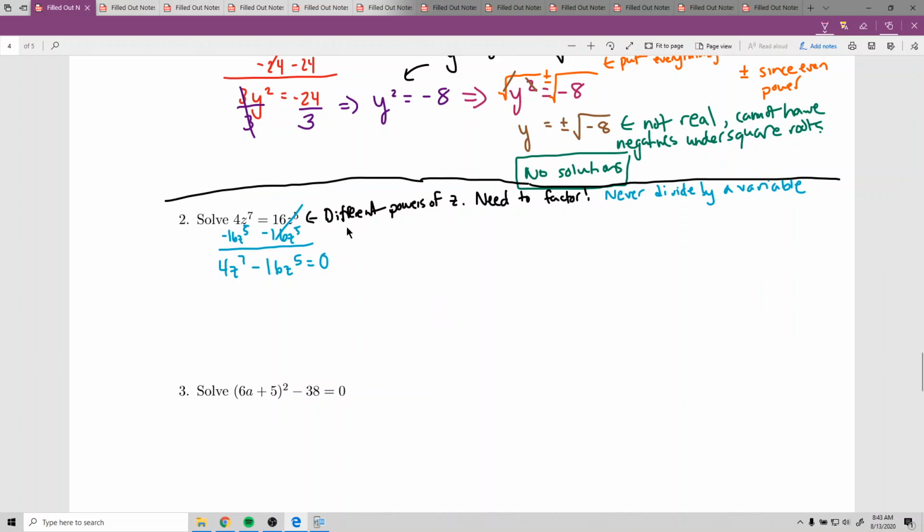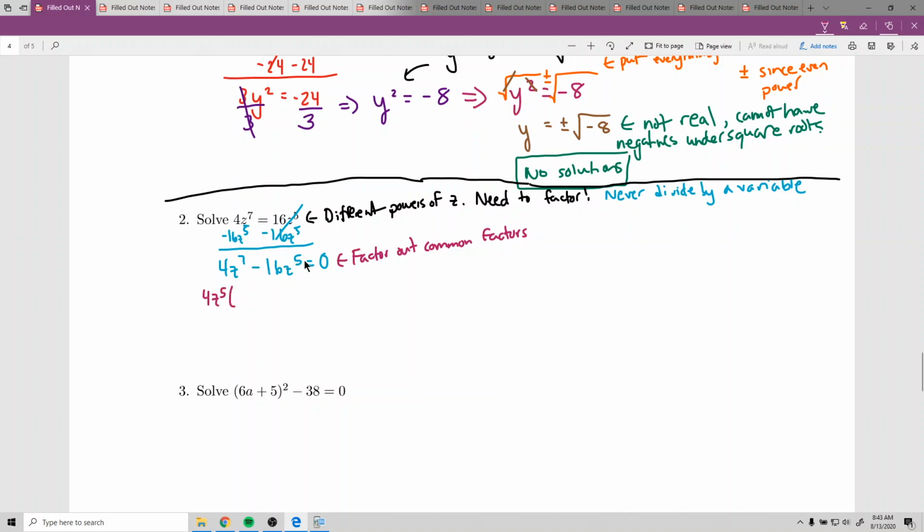Right, now at this stage, this isn't something that looks like you would want to factor in the normal way, but what you should always do is check for common factors and factor out common factors. Right, so here we have a 4 in common, which we can take out, and we also have a z to the 5th in common.